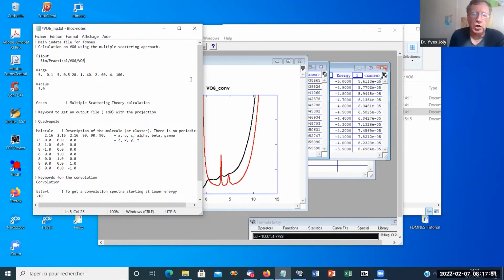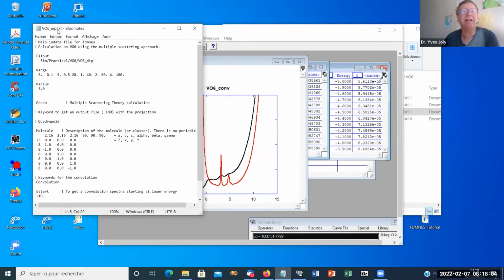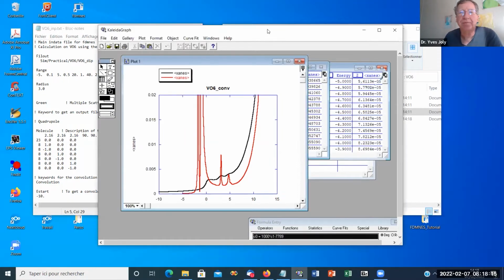So I am going to change your output file name. Or you can give the name you want. Don't forget to save the file. Well, so I keep the same indata file. In that way, I don't have to change. You remember this name, which is in fdmfile.txt. And now you can run again.